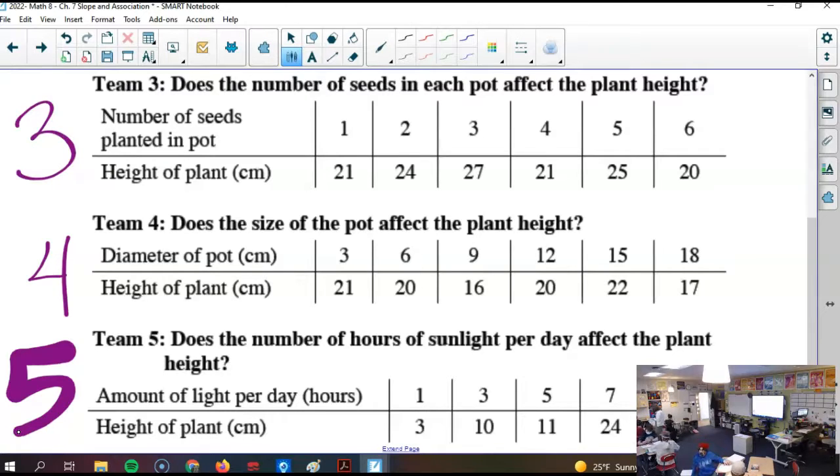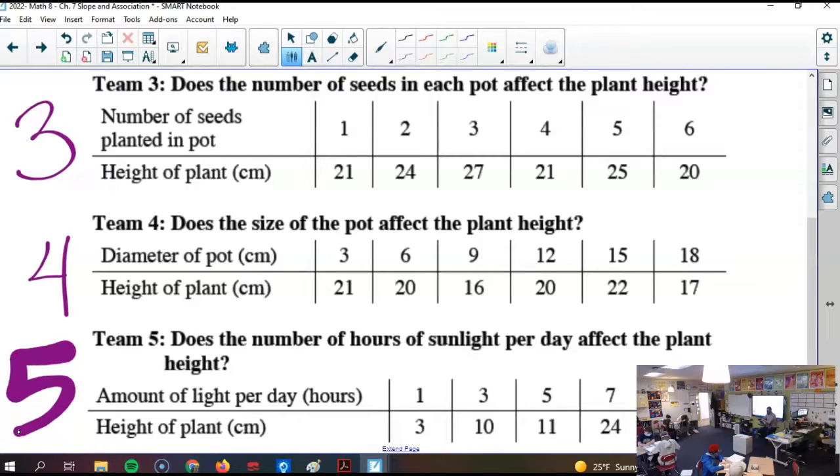Hey friends, we got to refocus for a second. Some of you are forgetting why we're graphing data. You're not doing this because I asked you to do it. I mean, yes, kind of.